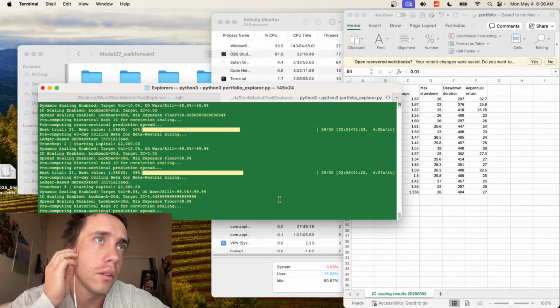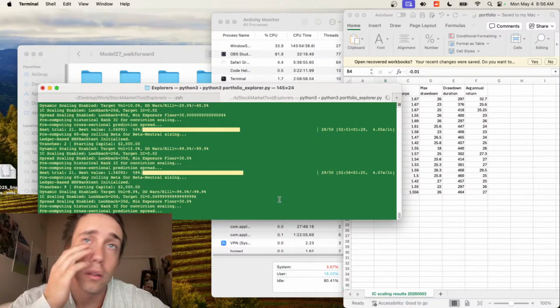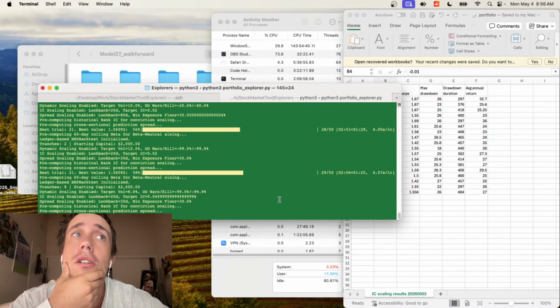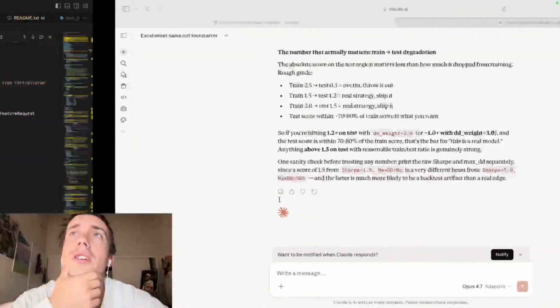1.56. I may need more iterations to train it, but let's see.